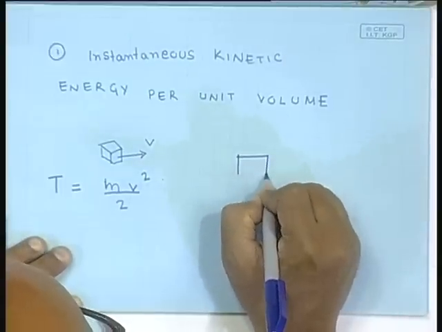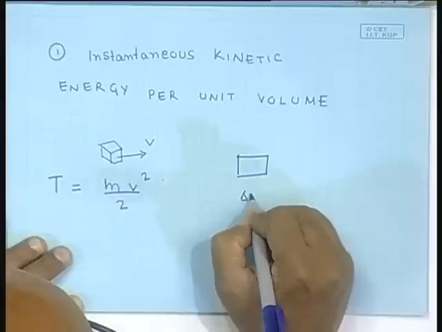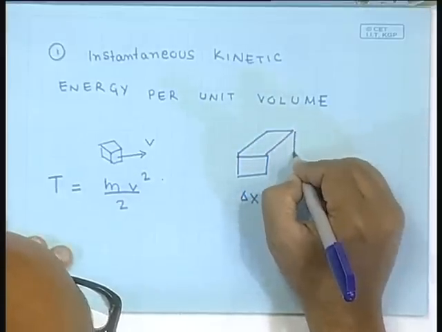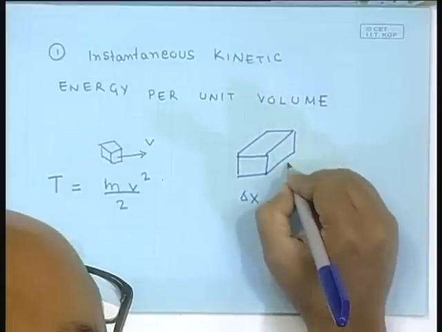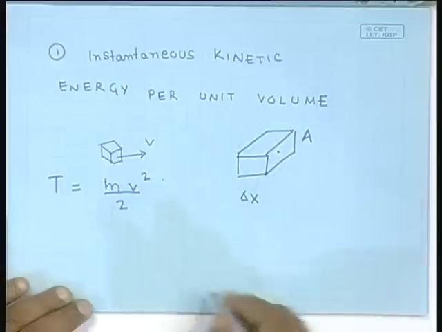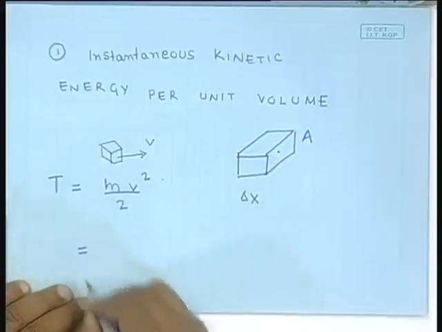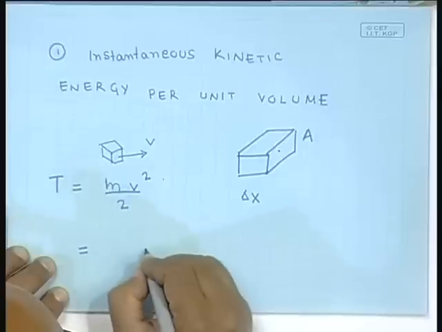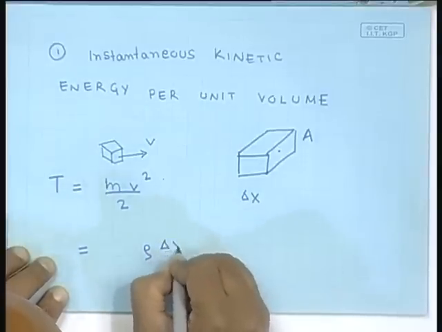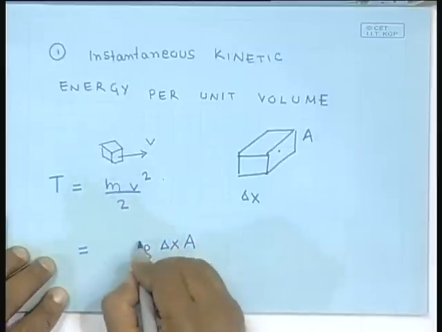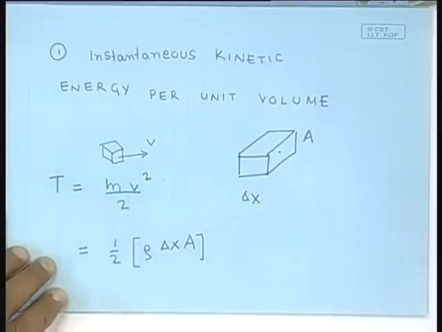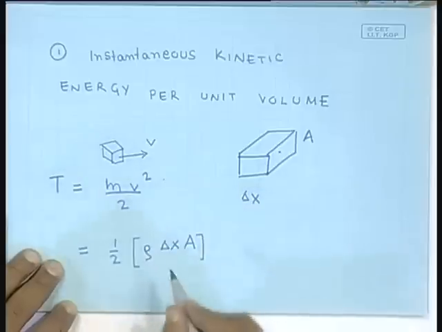This is a part of the steel rod of length delta x and transverse cross sectional area A. So, this has an area A. So, the mass of this element of the steel rod is rho into the volume, which is delta x into A. So, this is the mass, and we have half times mass times the velocity squared.